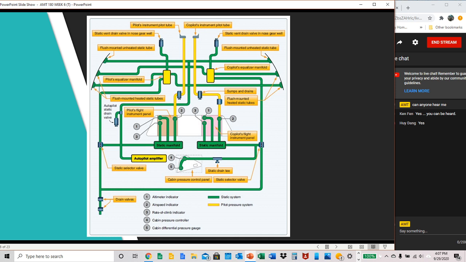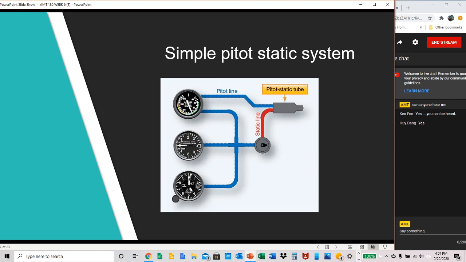This is also a diagram out of your 8083 handbook. It's basically a schematic of how a pitot-static system is connected in an aircraft. This is a more complicated system, not like the image before that was a very simple, basic system.